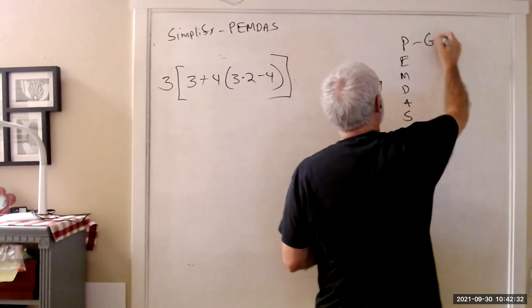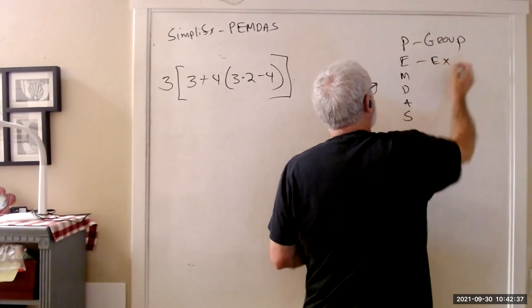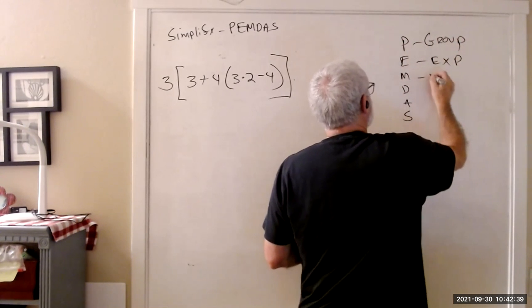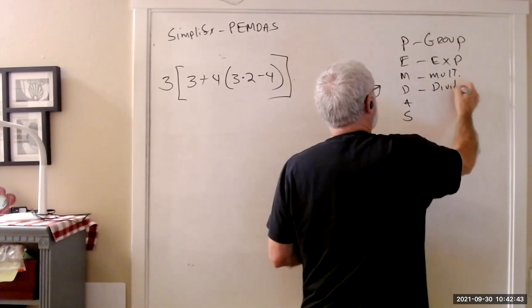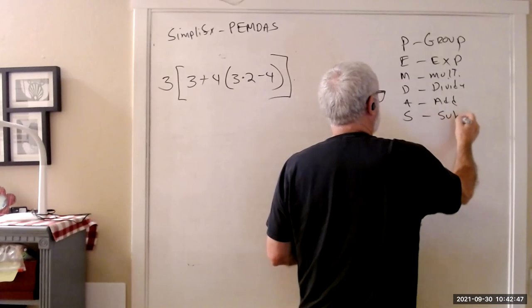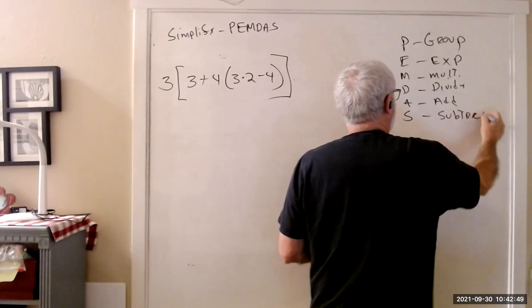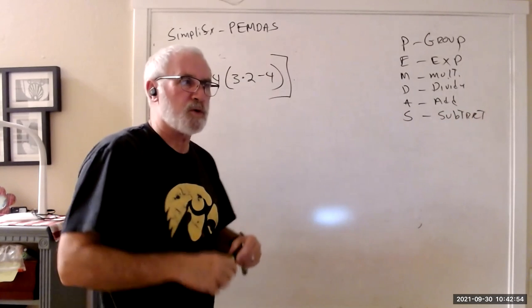PEMDAS. The P stands for grouping symbols. The E is exponents. M is multiply. D is divide. A is add, and S is subtract. What this tells us is the hierarchy. Who is more powerful? Who do we do first?